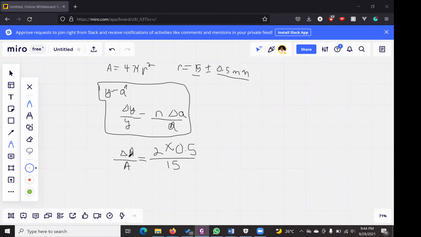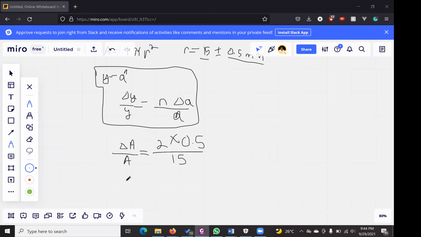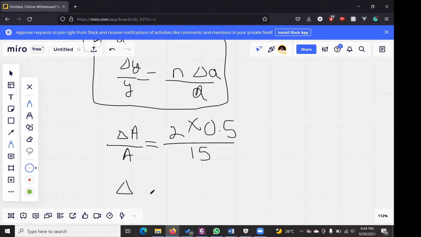Now you notice something. The delta A part is 2 times 0.5, and the A part is 15. So the delta A in itself is equal to just 2 times 0.5.